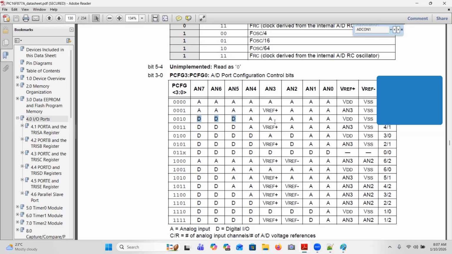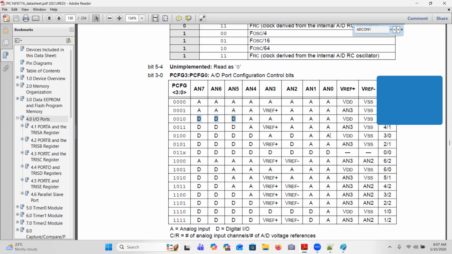Here I define a maximum voltage too. Understood? Right. And then the remaining things are analog. So when we set that to 0100, 4 of the analog channels that we have are used for digital I/O and only 3 are used for analog. It depends on your project requirement. You can choose which pin you want to use as analog, which pin you want to use as digital. Understood?